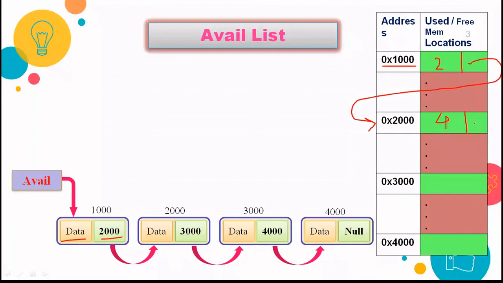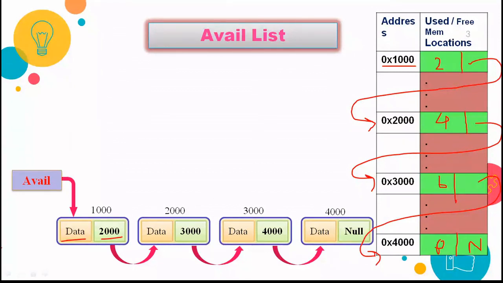Similarly, this node will store the address of the next free memory location, that is 3000, and here you will put some data. Let's say you have inserted 6, and because there is one more free location, this location will store the address of the next node, that is 4000, and you will put some data here. Let's say you have inserted 8, and because this is the last node and it is not pointing to any other node, you will store null here, which says that it is not storing anything.